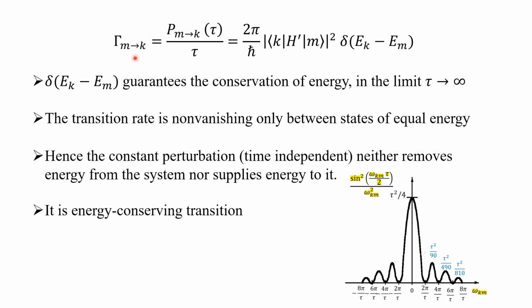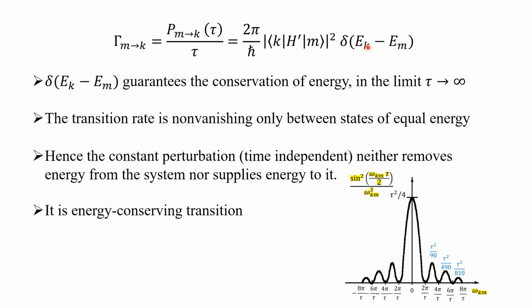So we have seen the transition rate, which is equal to P by tau, is equal to 2 pi by h cross, modulus square of k h prime m, delta ek minus em. See, we have defined the delta function based on the fact that tau tends to infinity.